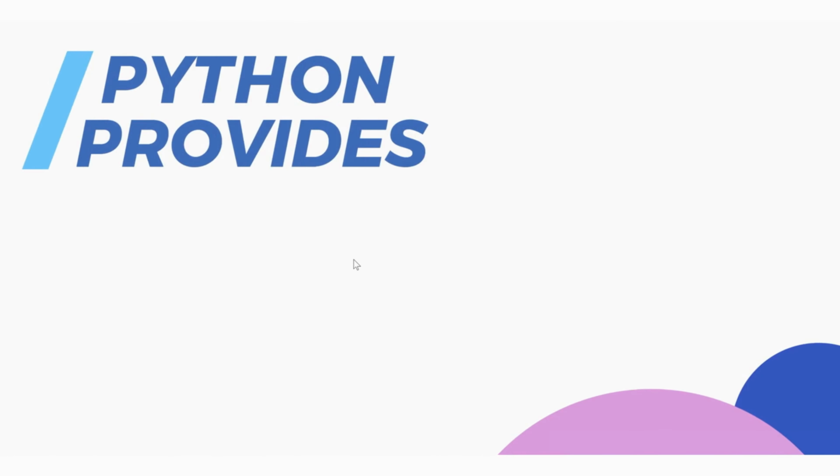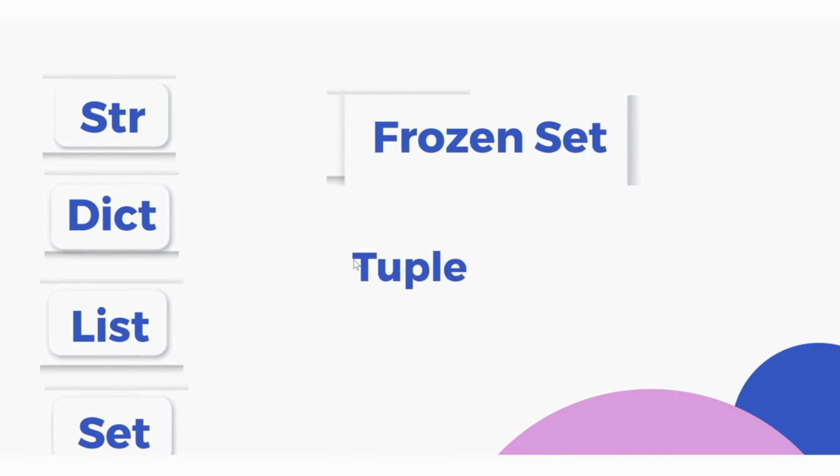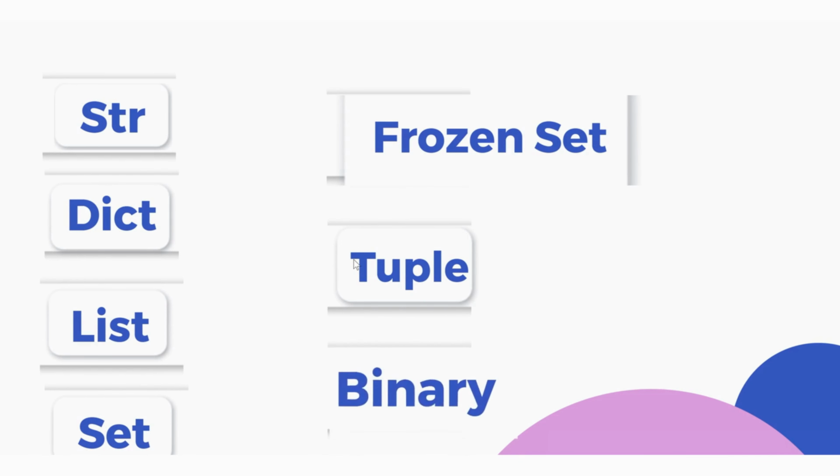Okay, so Python provides some built-in data types such as strings, dictionaries, list, set, frozen set, tuple, binary data types, and boolean data types.